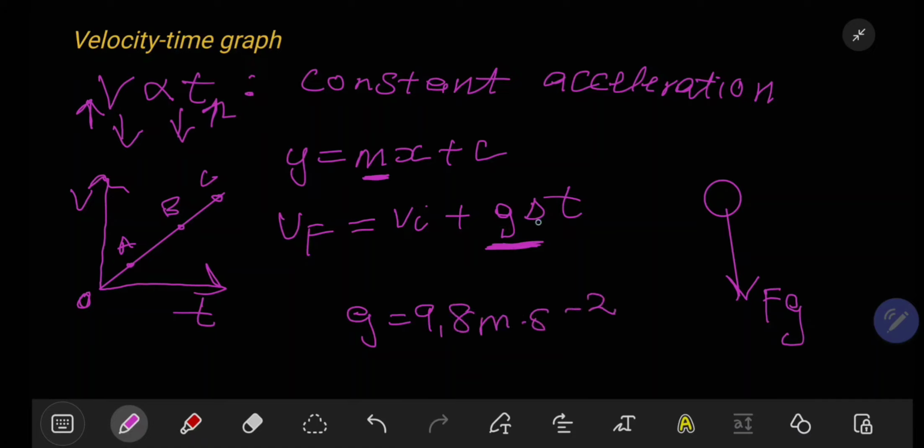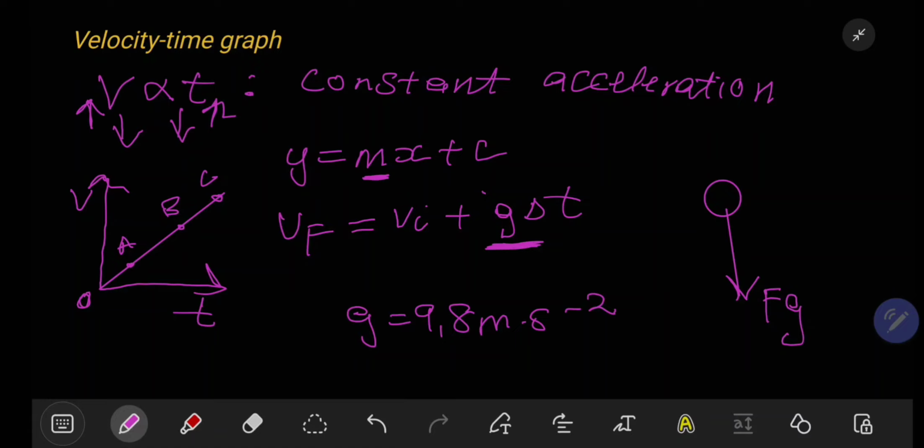This gravitational acceleration is constant when we deal with vertical projectile motion. So you can see that this quantity here, our g, is the constant acceleration that we're talking about. Hence the velocity is directly proportional to the time.